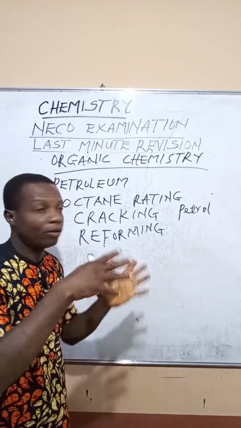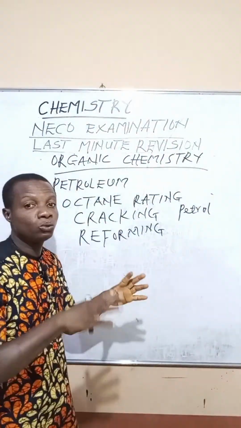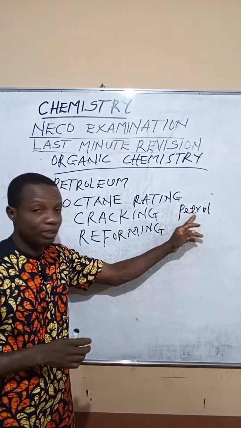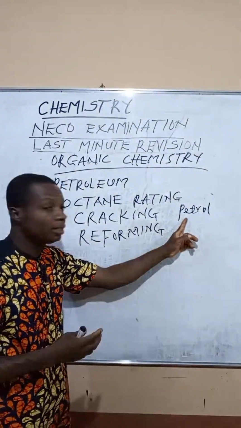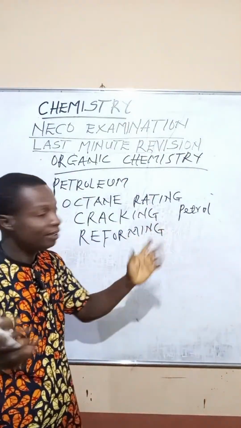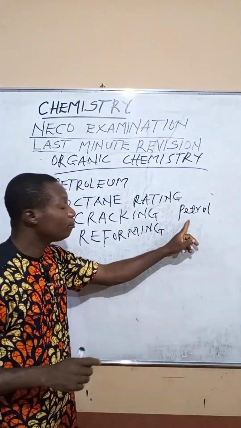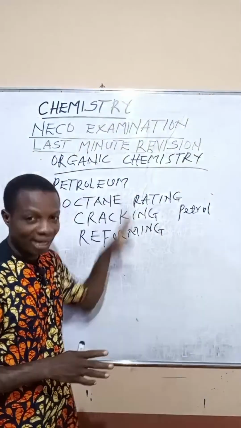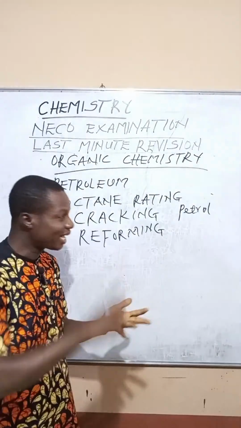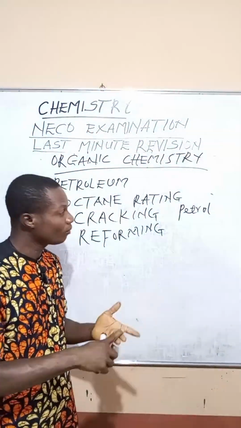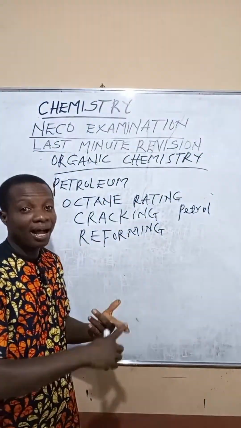or what you call fractional distillation of petroleum, you will notice that the fraction of petrol is too small. It is small in relation to the demand. Remember, petrol is the most demanded of all the fractions of petroleum: diesel, kerosene, heavy oil, gas, and so on.